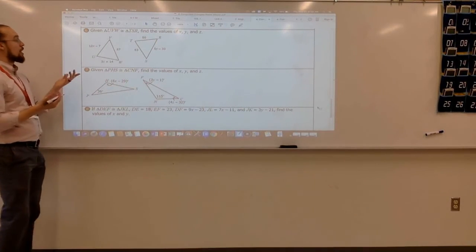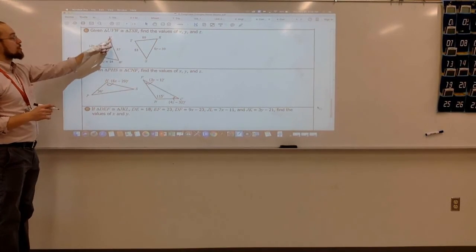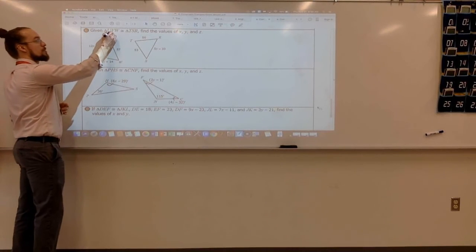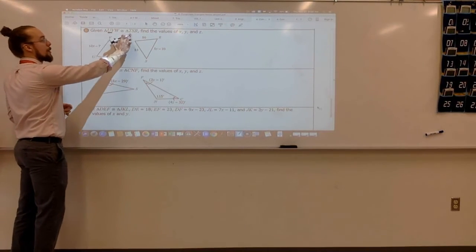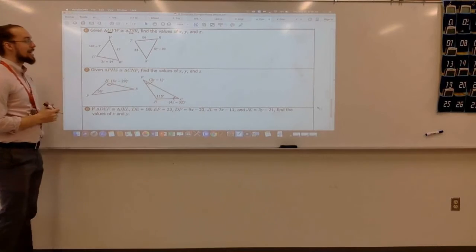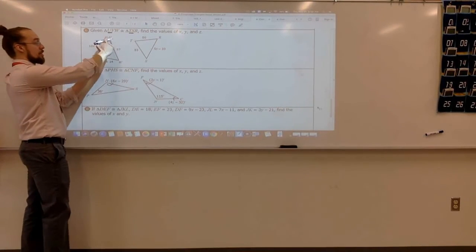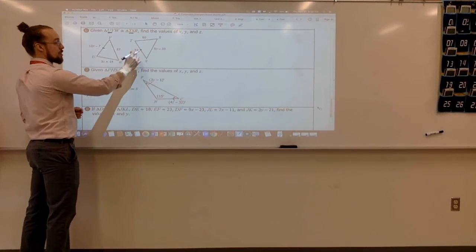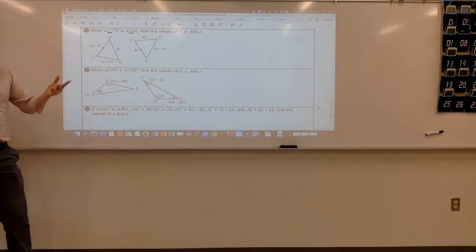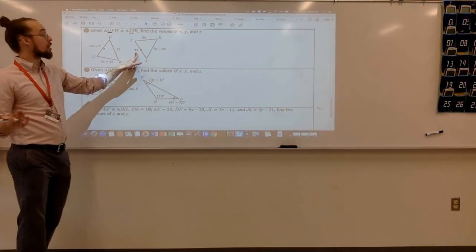So if I want to solve for x first, x is side UV. So if I go to my statement, UV matches up with TS. So this side here, UV, is going to be the same as TS. So I can say these are equal to each other.